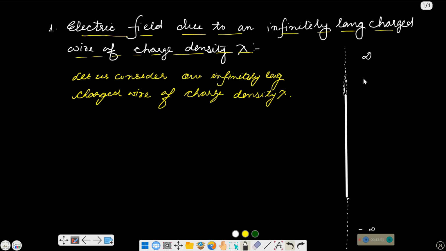Now this is a very highly symmetric case. So for this, let me take one cylindrical Gaussian surface.